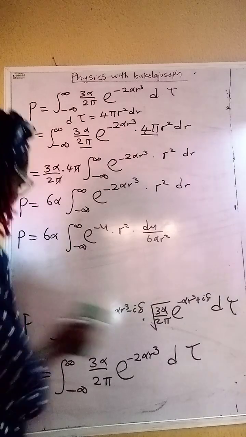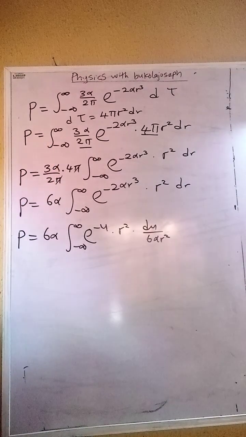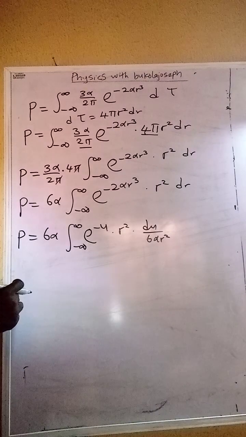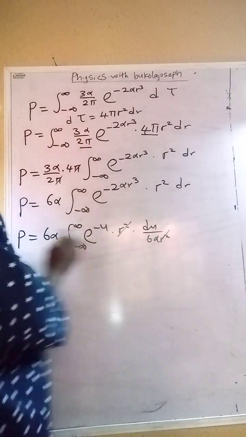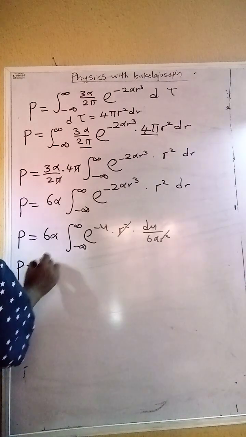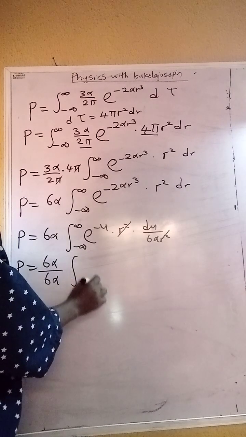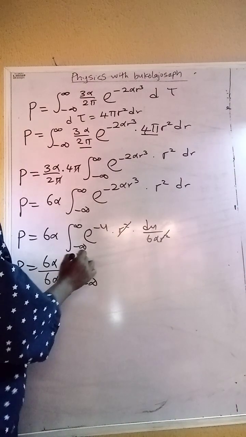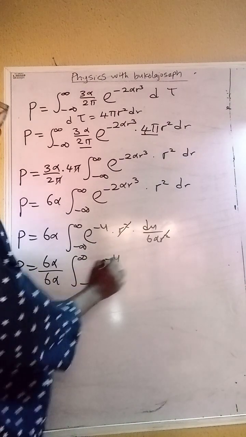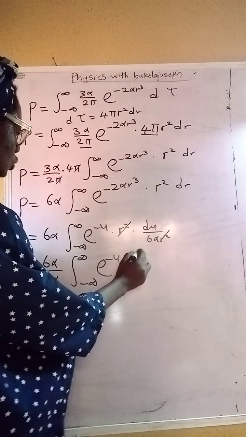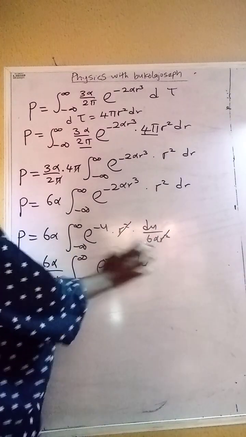The r squared cancels, and the 6 alpha cancels with the 6 alpha. We are left with exponential minus u du.